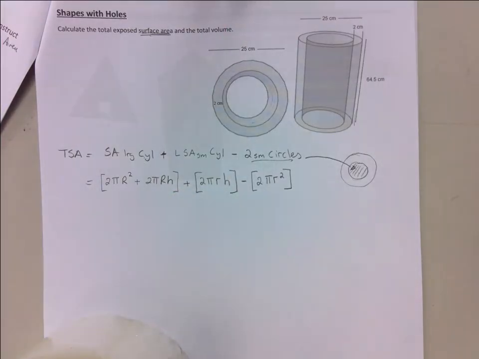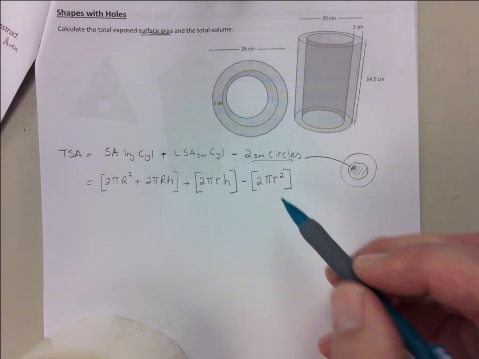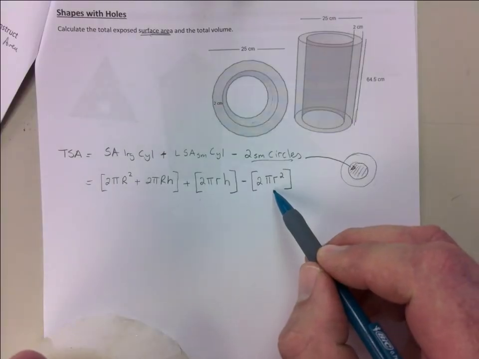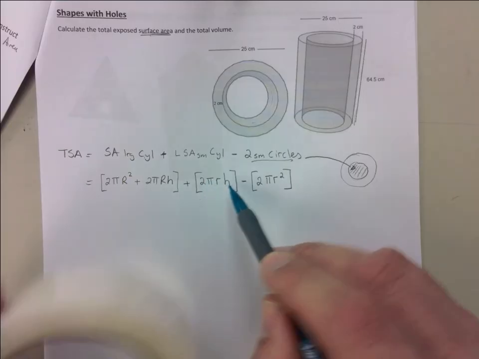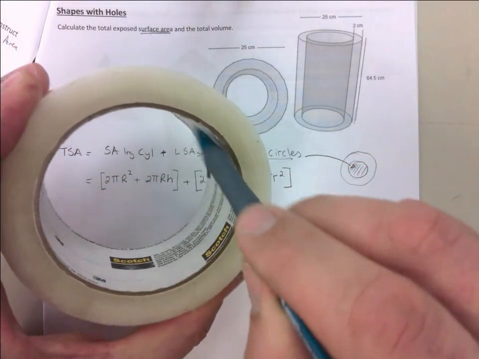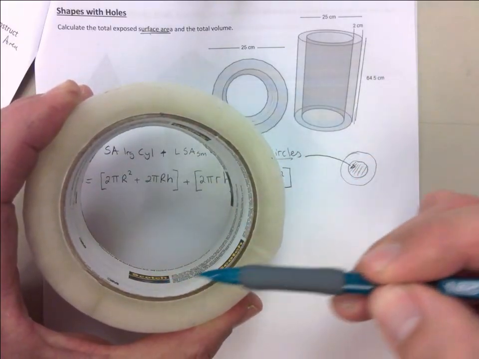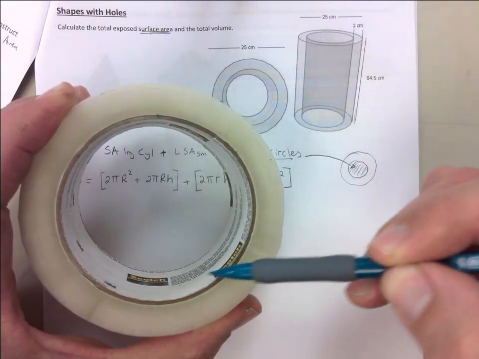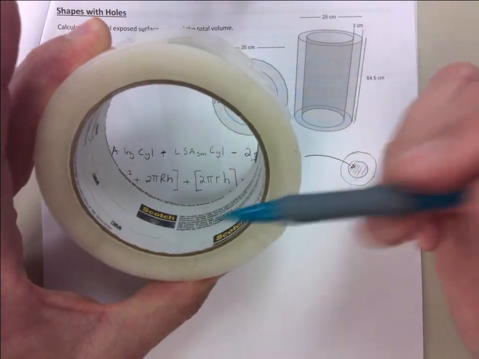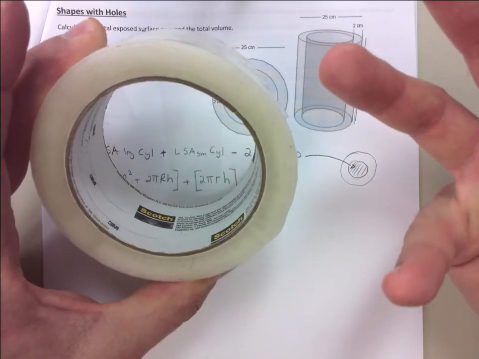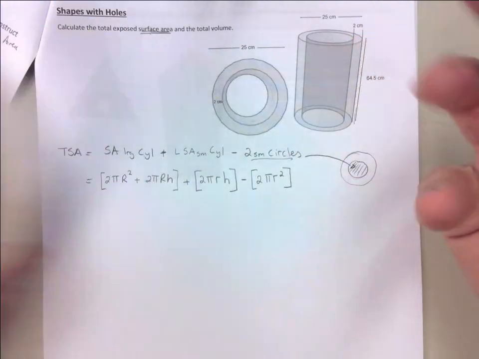If the order matters to you, that is something we would have had to do. And then we go plus 2 pi r h, which is just this. We don't want the top and the bottom of the small cylinder because it's not here. You can look right through. It's not a surface we want to add.